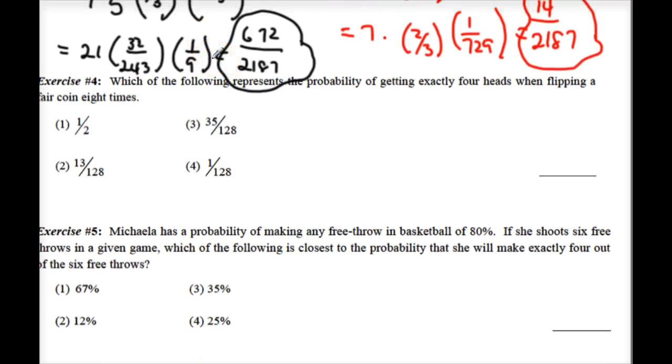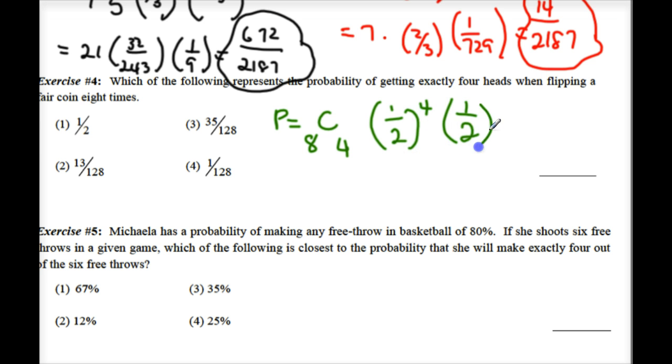Exercise 4. Which of the following represents the probability of getting exactly 4 heads when flipping a fair coin 8 times? So I'm flipping the coin 8 times and I need 4 heads. What's the probability of getting a head? The probability of getting a head is 1 out of 2, and I'm looking for 4 of this, and then 1 out of 2 and looking for 4 of this.